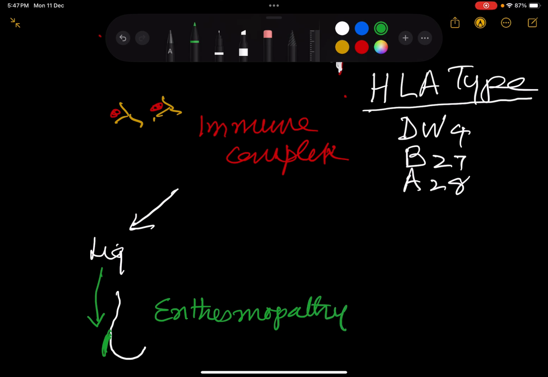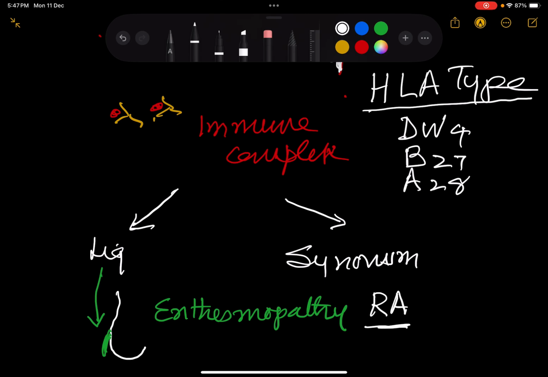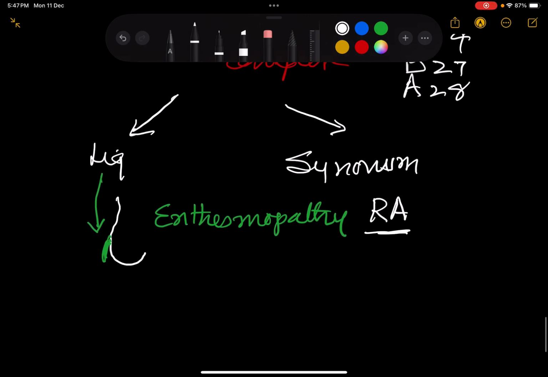Then they can go and attach to synovium, which will be called synovitis, and its mother type of involvement is rheumatoid arthritis.